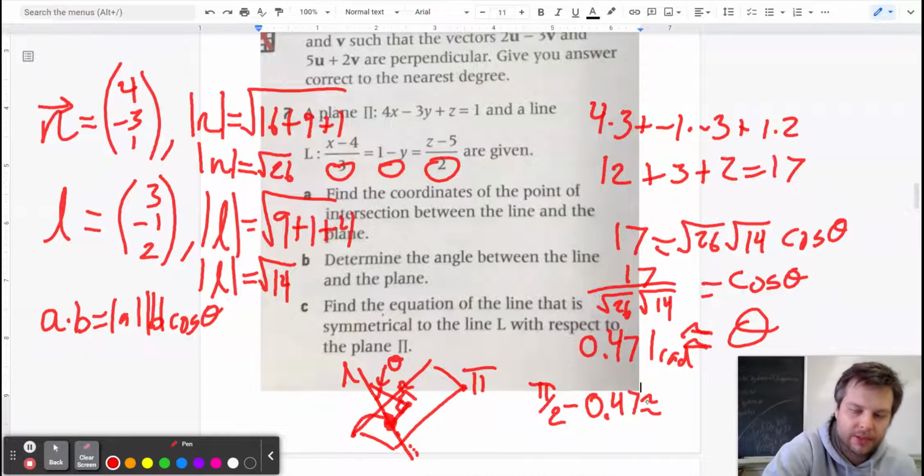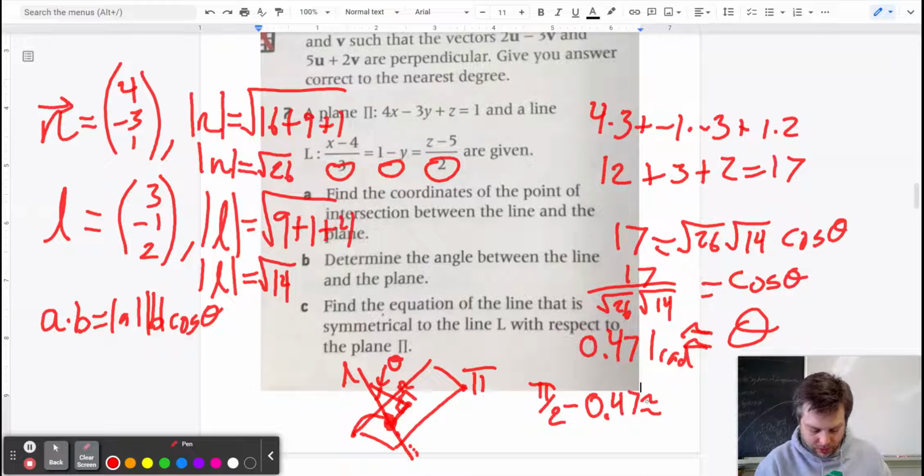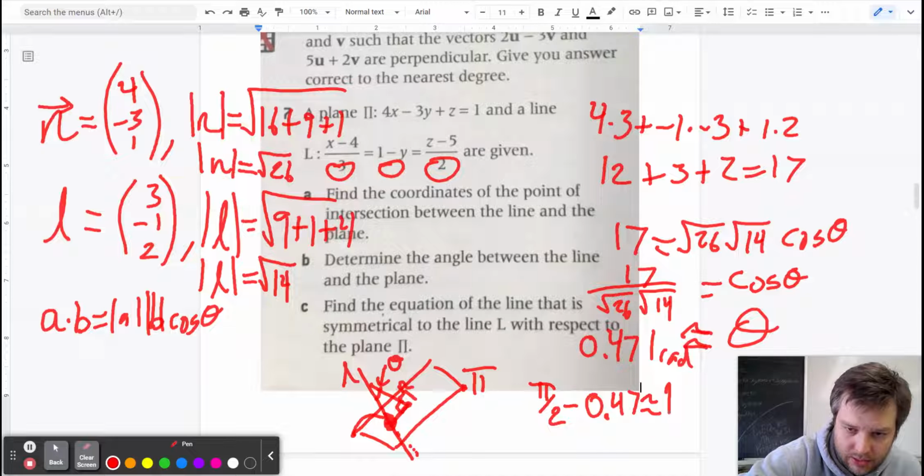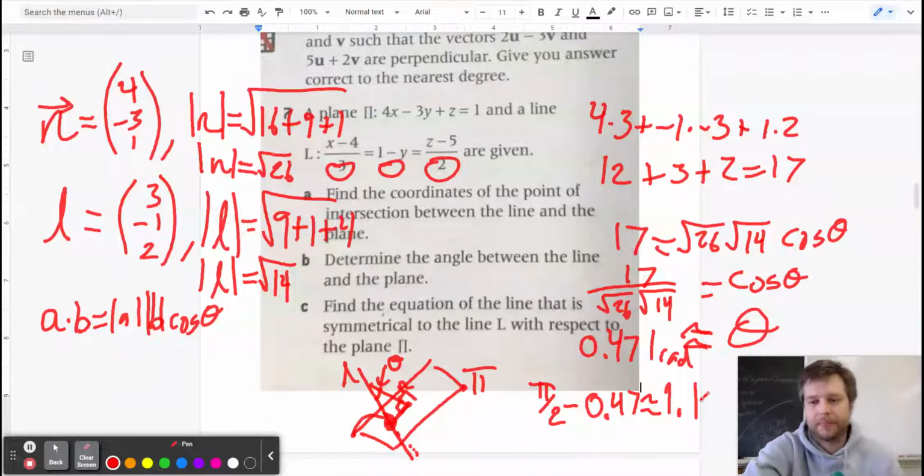And that's going to pop out to be 1.099, so approximately 1.1. And that's going to be the angle in radians between the line and the plane.